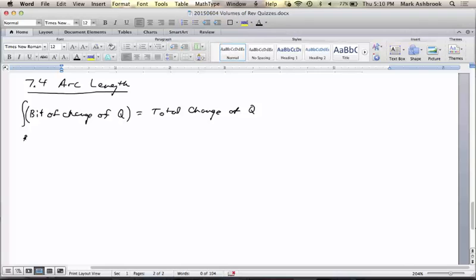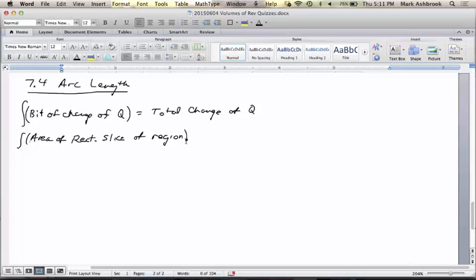And then we did the sum of a rectangular slice of a region, the area of a rectangular slice of a region.